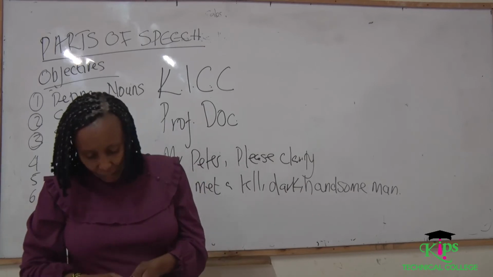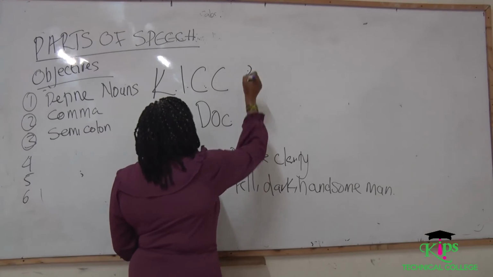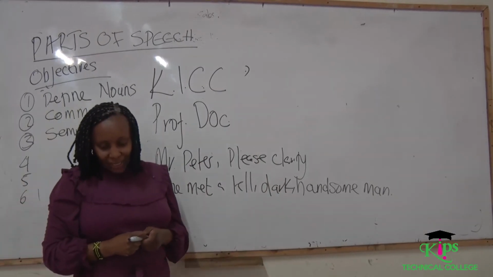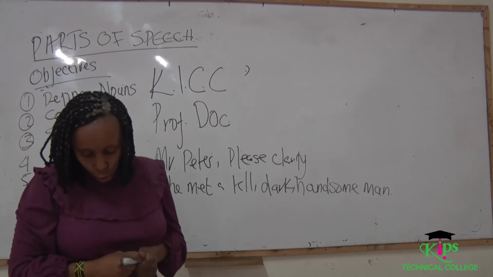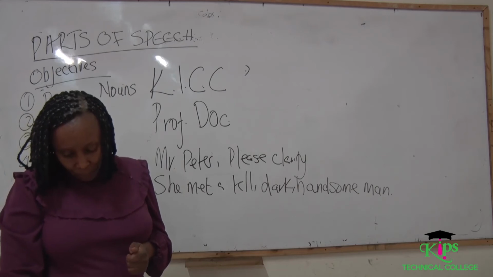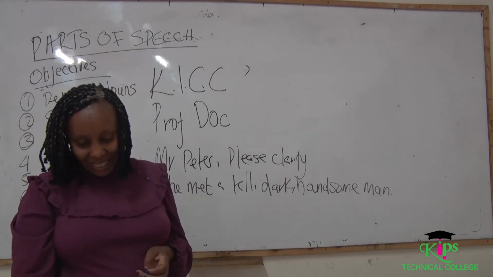We also have a semicolon, and a semicolon looks like this. A semicolon is used to connect independent clauses. It shows a relationship that happens within a certain period.